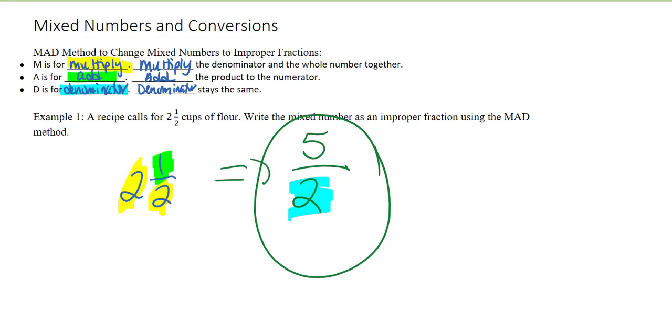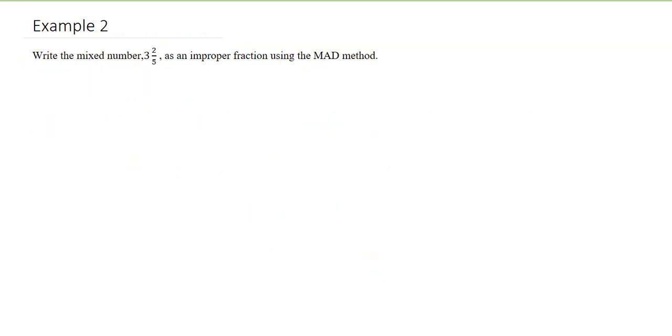Now let's look at another example. Example 2, we're going to write the mixed number 3 2/5 as an improper fraction using the MAD method. So once again, we're going to go ahead and multiply this whole number and the denominator together. So that's 15. Then we're going to add this numerator to it.